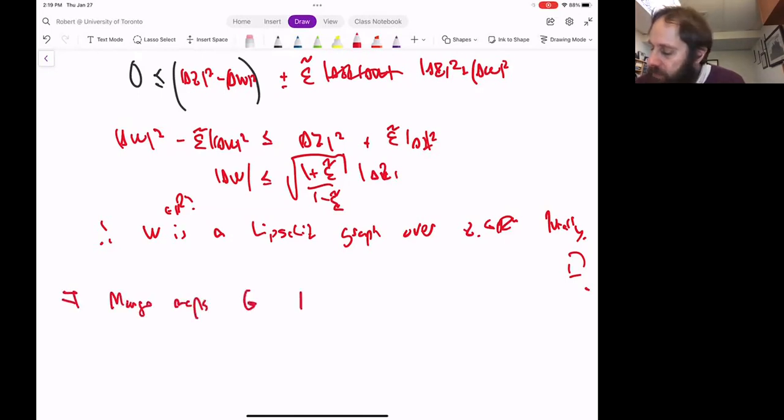Monge maps G for non-degenerate costs are differentiable almost everywhere when they exist.